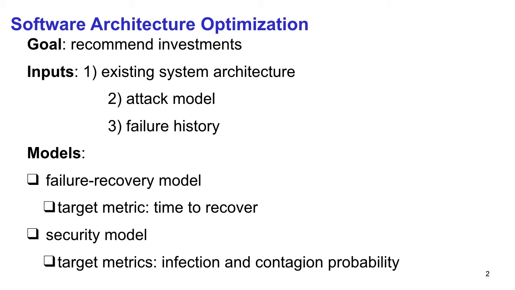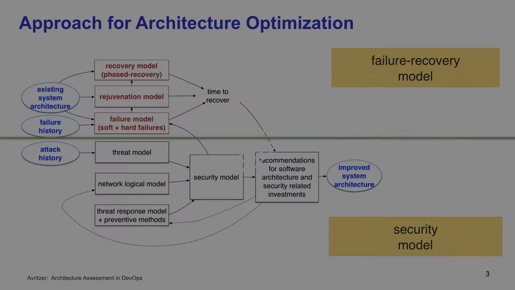We start by describing the application of Markov modeling to software architecture optimization using an attack model and a failure history. We then generalize the approach to the modeling of a high availability system.